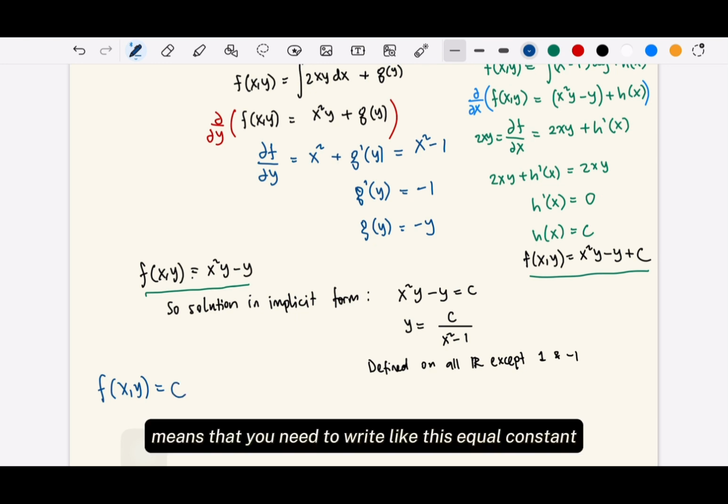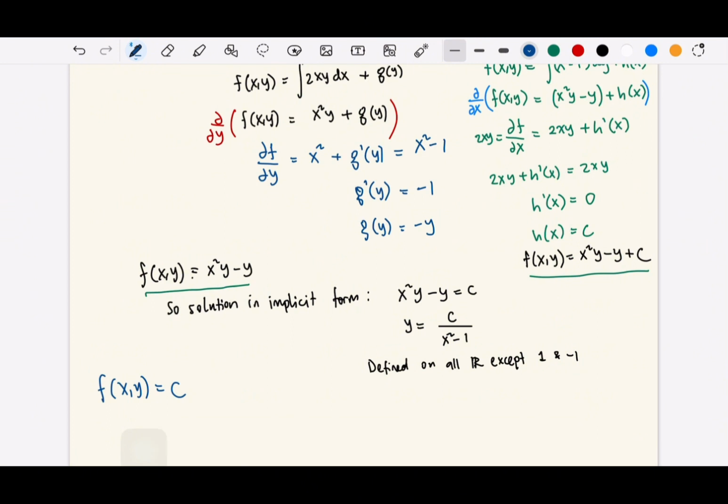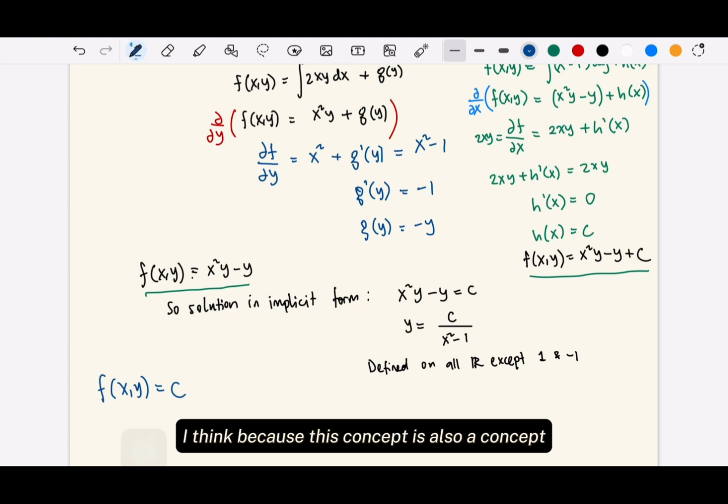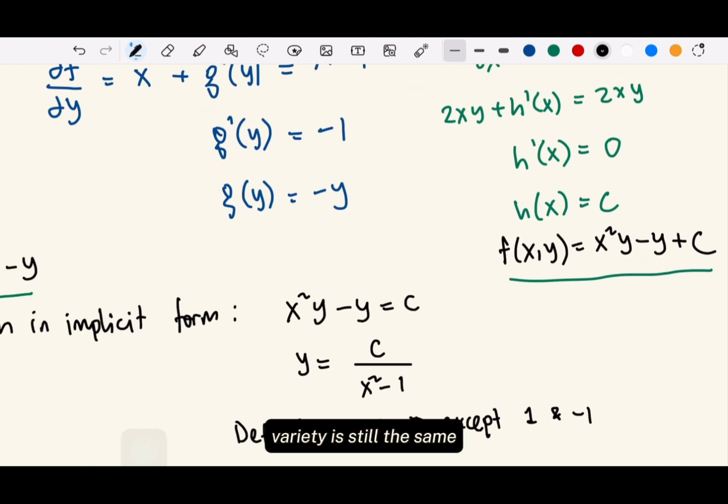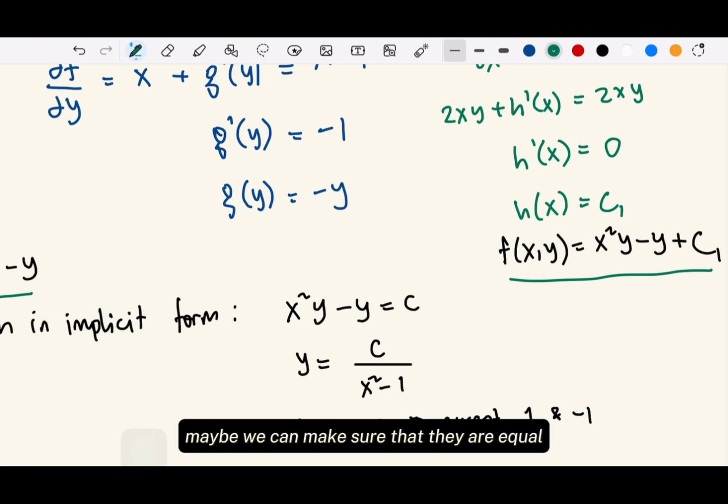It means that you need to write like this, a particular constant. I think because this constant is also a constant, there's no difference. But to make sure our idea is still the same, let me just write 1, just to show they might be different numbers. But we are not sure if we haven't checked any initial value problem. If we have an initial condition, maybe we can make sure that they are equal.